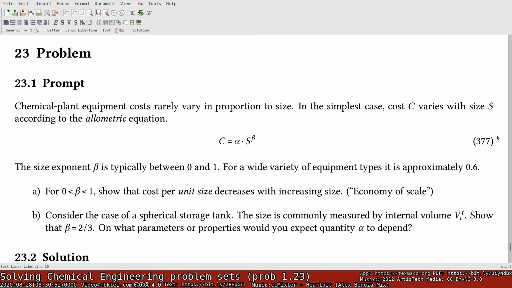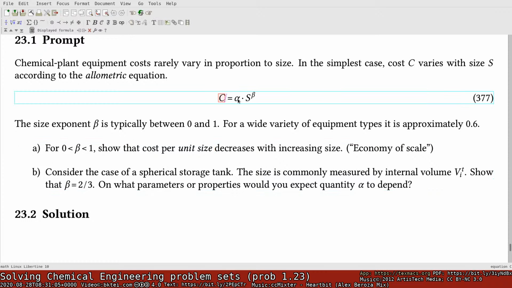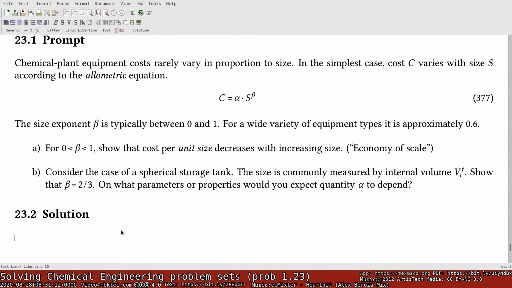So, Tech Max, how are we going to do this? Show that the cost per unit size decreases with increasing size. Well, let's see. I guess we'd have to put into words what I was just saying.